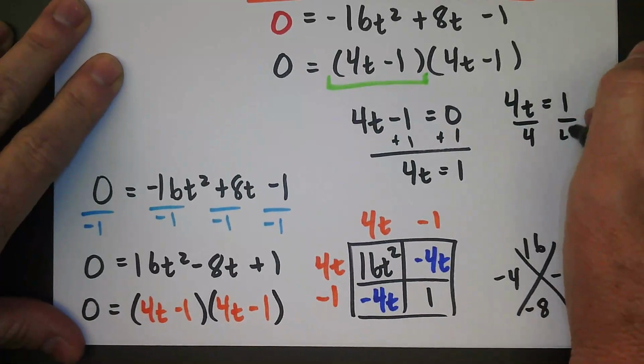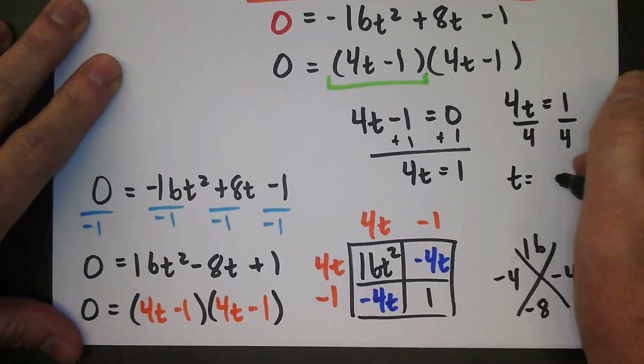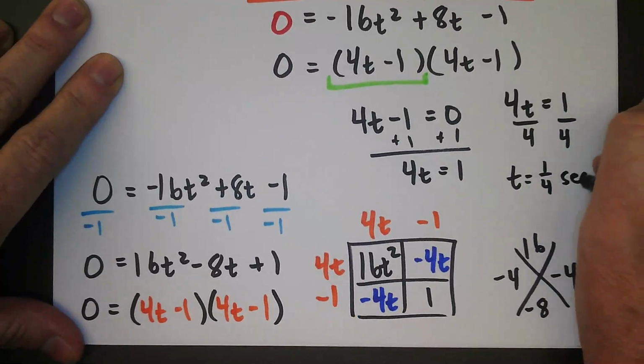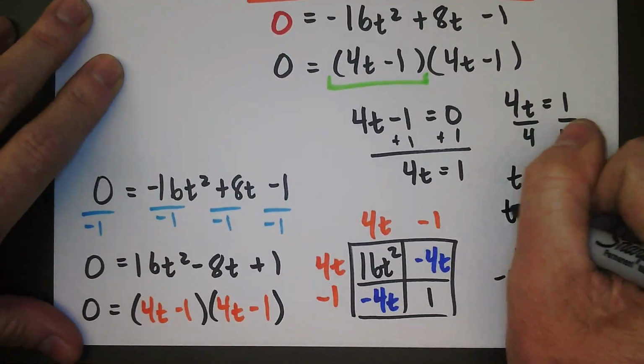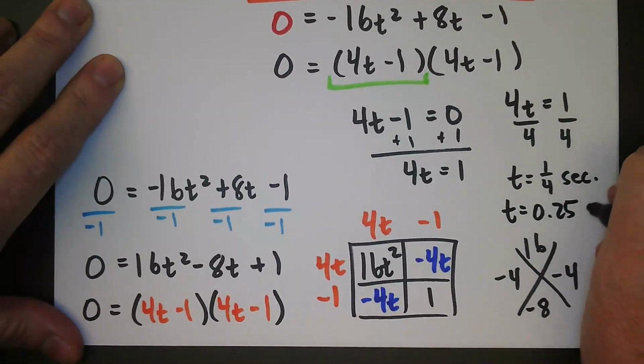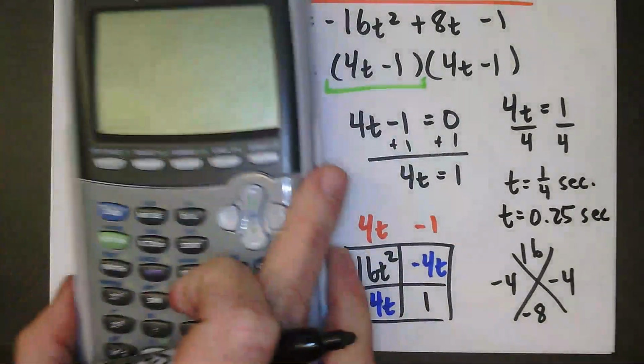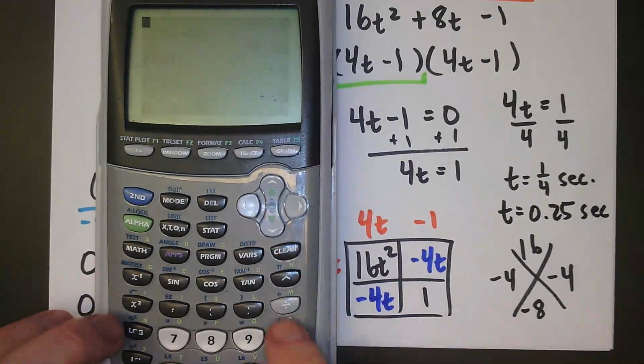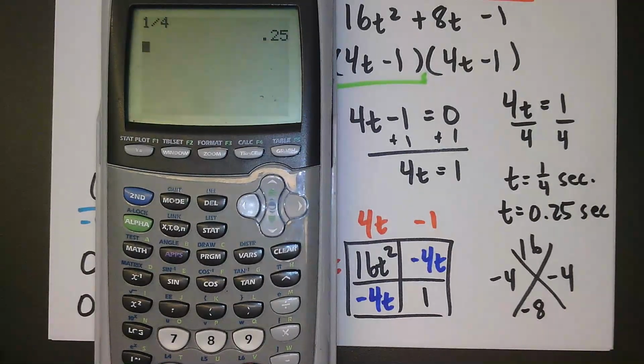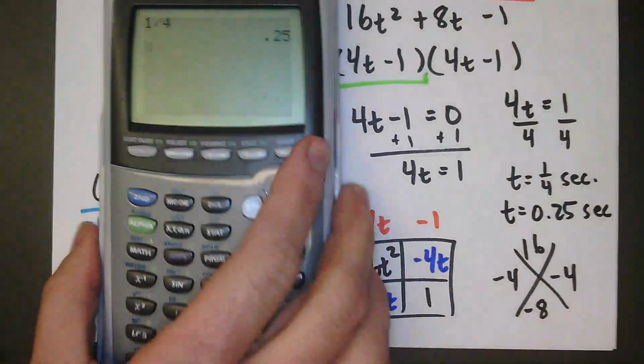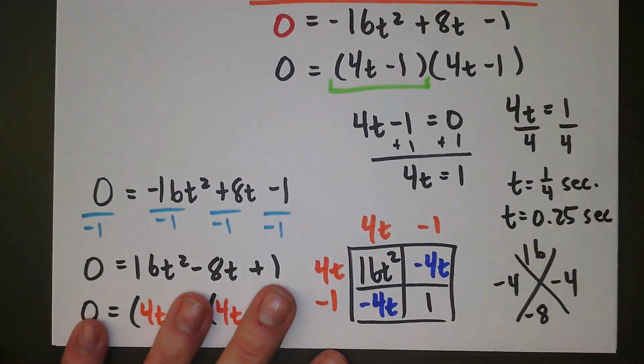Divide both sides by 4. And I'm going to get t is 1/4 of a second. Or if you wanted to plug that into the calculator, 0.25 seconds. That is my final answer.